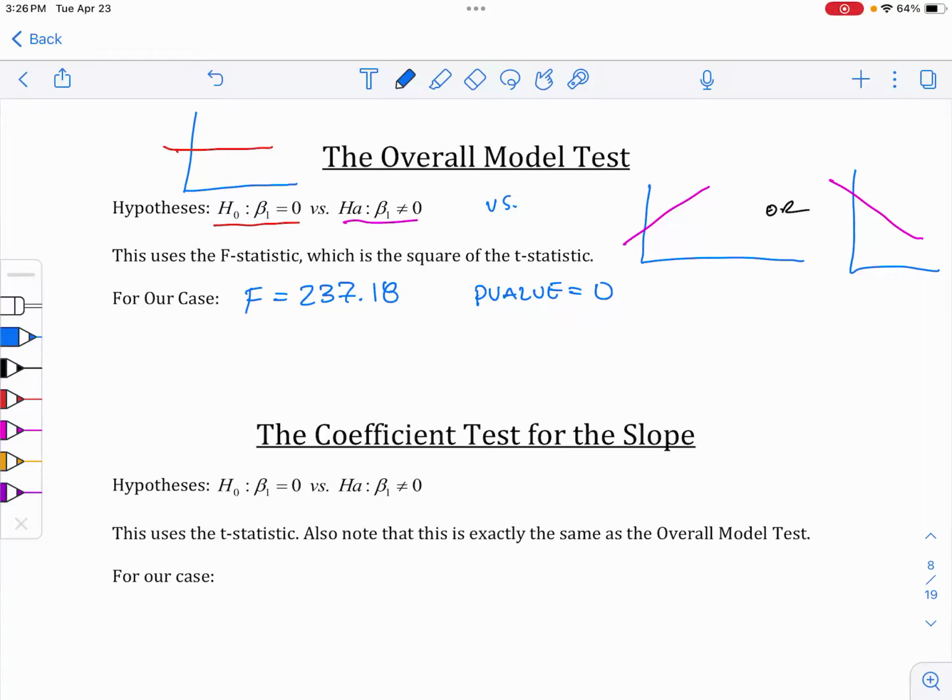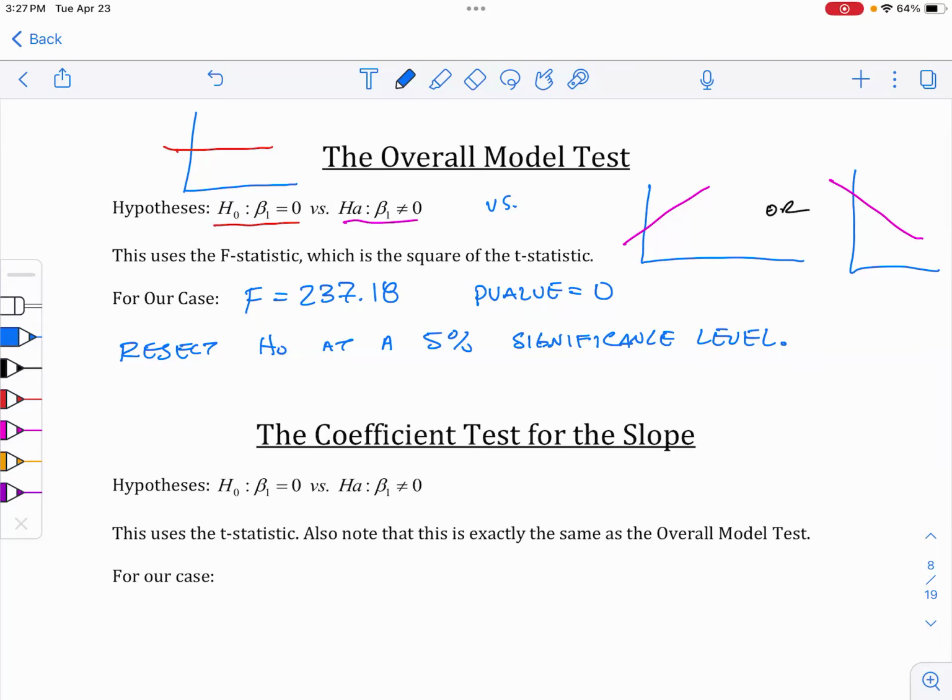Reject. So we reject H0 at a 5% significance level, or any significance level, because the p-value is 0.